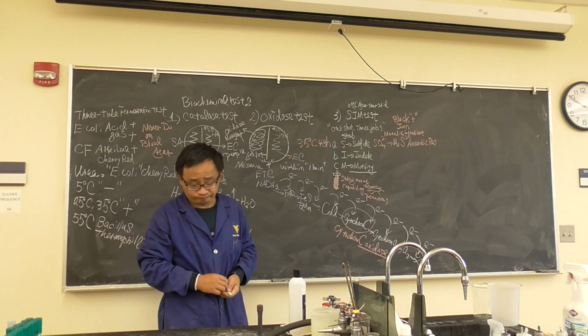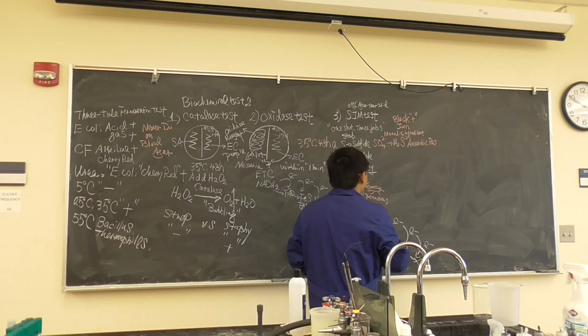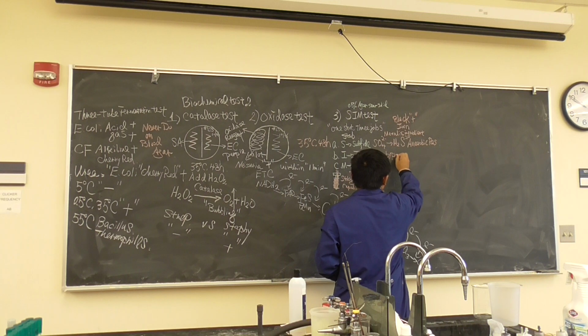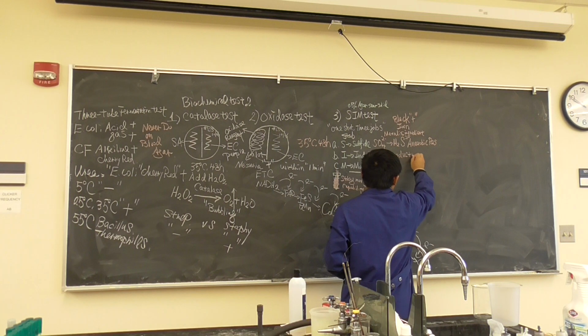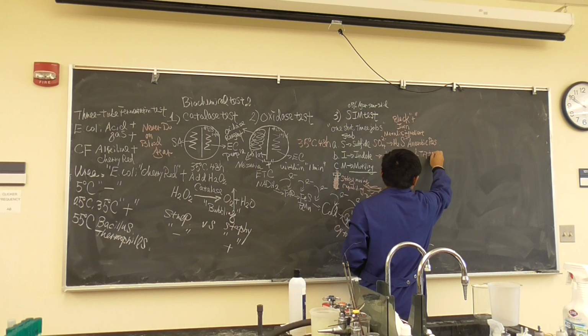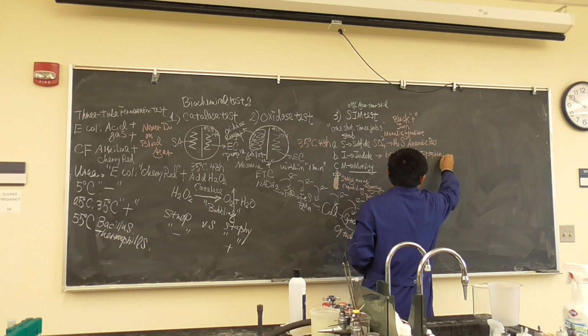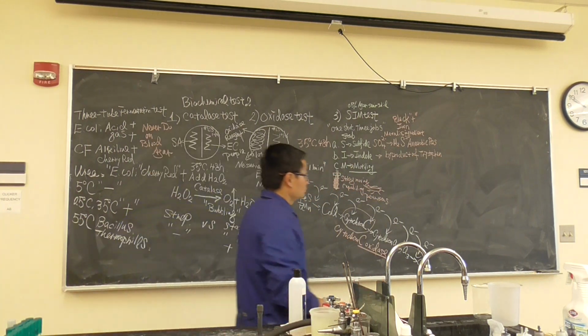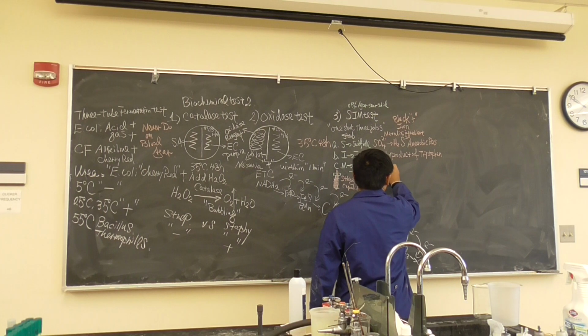What is I? I is indole. So what is indole? It is a byproduct of tryptophan. Now the question is, what is tryptophan then? What is TRP?